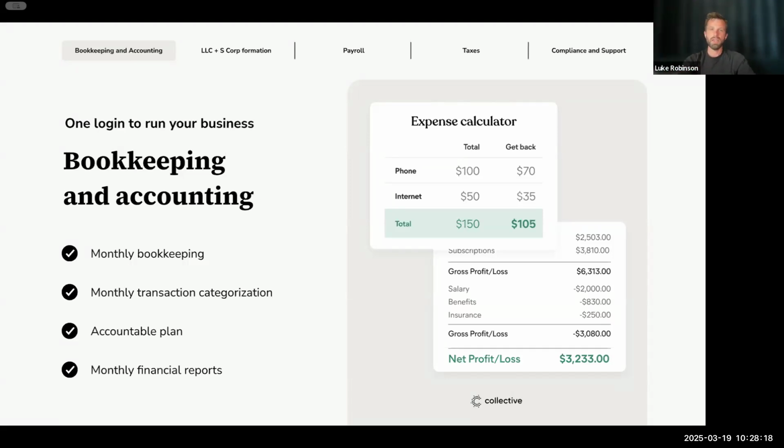With Collective, it's one secure login and one organized financial platform that handles the whole shebang for the business, from the bookkeeping down to the payroll, down to financial support throughout the year, and tax filings at the end of the year. So when you're a busy business owner burning the midnight oil and working every spare moment, like I know you all do, Collective is a great partner to keep things organized on the back end.